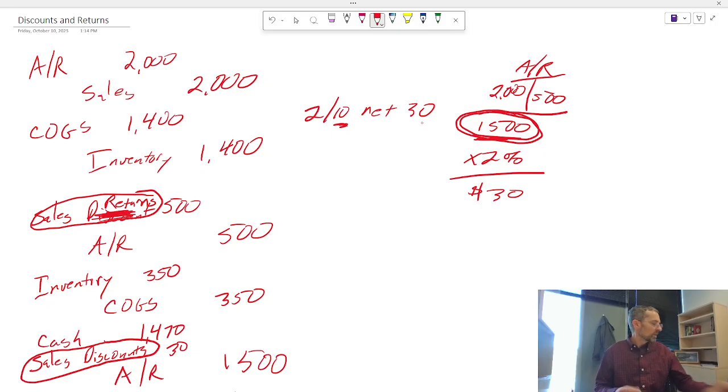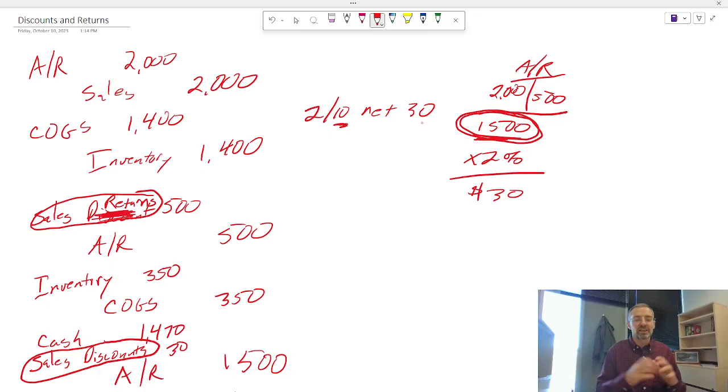All right, so that's sales. We can see that the sales process mirrors the purchasing process pretty closely. We can buy things on cash. We can sell things with cash. We can purchase things on account. We can sell things on account. There's purchase discounts and sales discounts. There's purchase returns and sales returns.